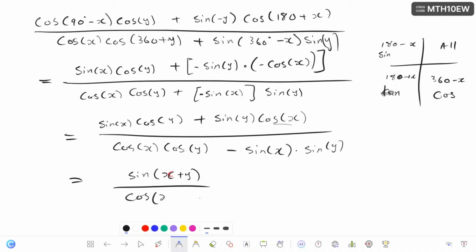Let's check x and y. But here it has to be positive, because when you are simplifying it, this positive changes to negative. So this thing is the same as, sine divided by cos is the same thing as tan of x plus y. So we have proved that the left hand side is equal to the right hand side.